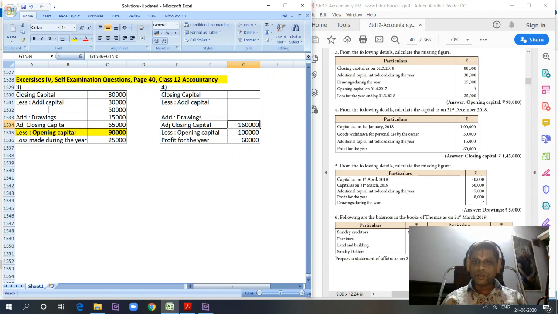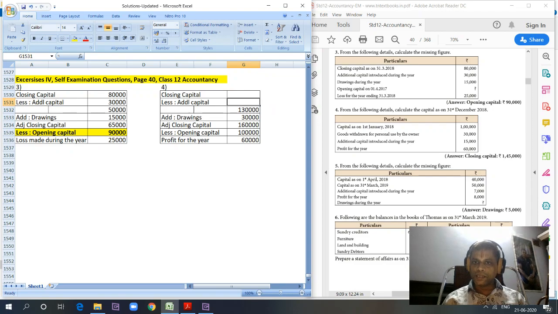Then goods withdrawn for personal use by the owner 30,000. So net capital will become adjusted closing capital minus drawings, that will give 1,30,000.